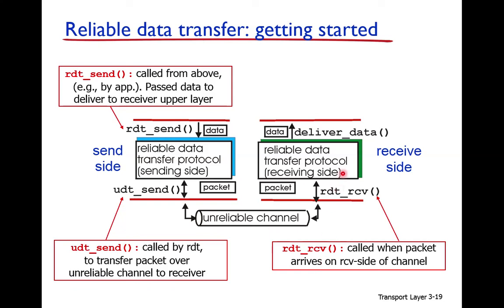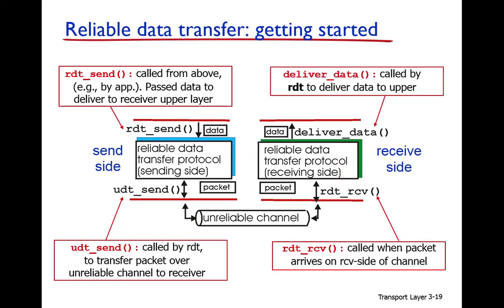Reliable means the data is received without bit error, without loss, and in order, and then it gives that reliable data to the application layer. So the data from application to application is transferred reliably by the transport layer, not by the network layer. The transport layer performs some magic, some activities, some functions to get the data reliably through an unreliable channel, and we will discuss it.